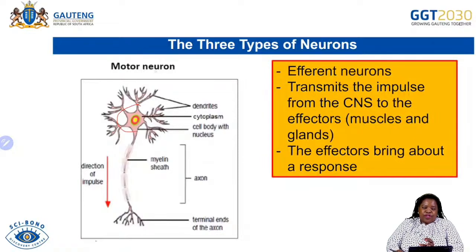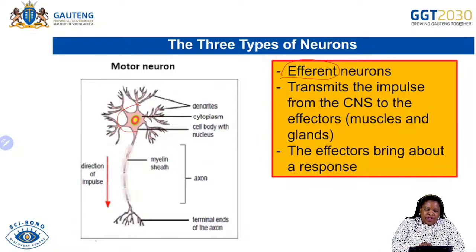The other name for the motor neuron is efferent neuron. So when we talk about the sensory neuron, you can say the afferent neuron. Right? The motor is the efferent neuron. The sensory is the afferent neuron.